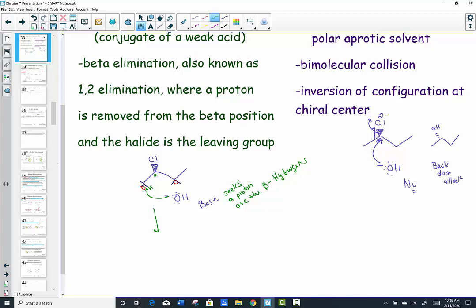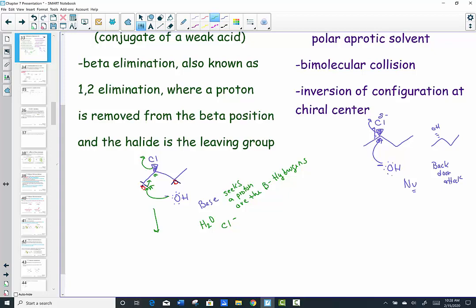That proton forms the conjugate acid of hydroxide, which is water. This bond then collapses and the leaving group leaves, picking up the electrons in that bond and taking them with it. So we would have a chloride as a resulting end product as well.